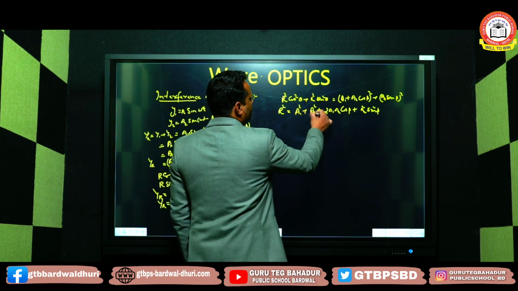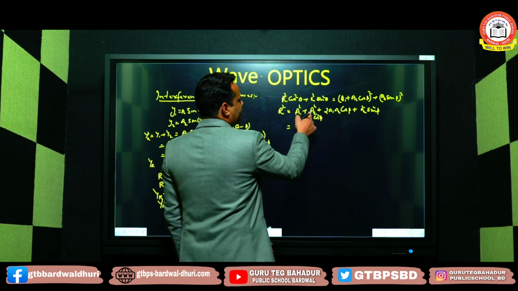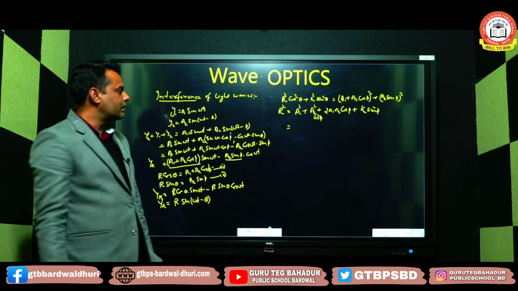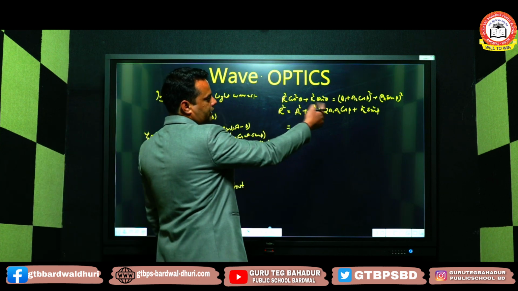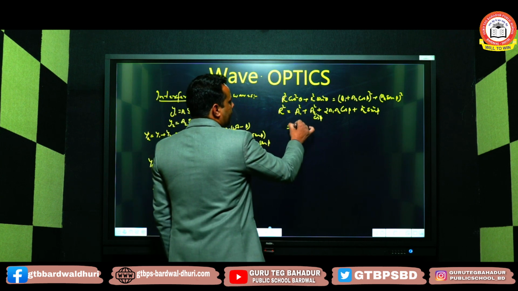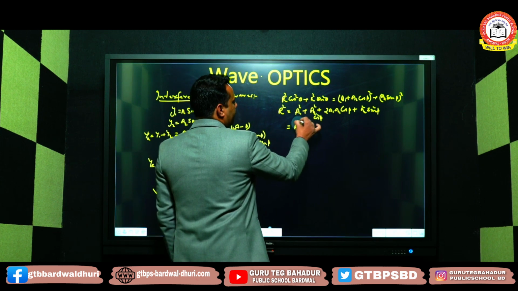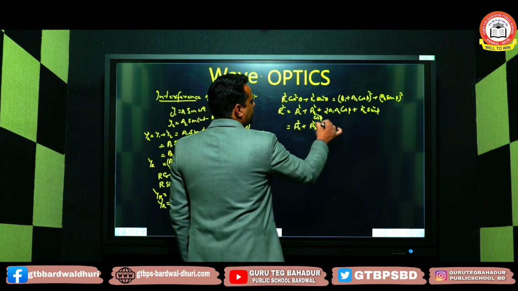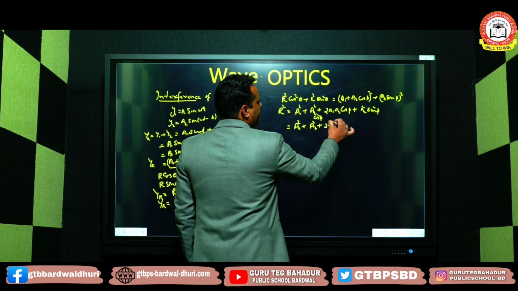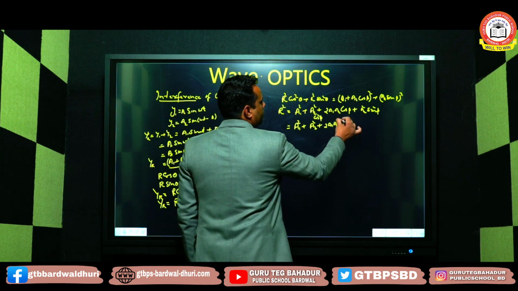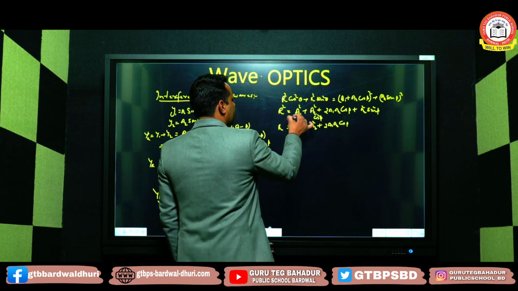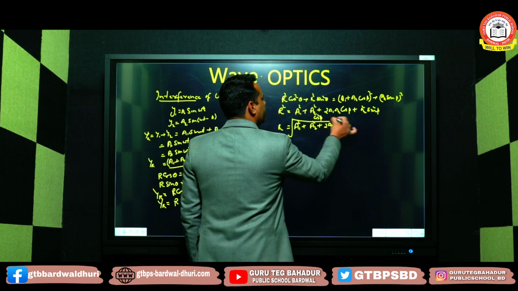Now from the second term and last term, a2 square can be taken out as a common factor, and the rest you will get cos square phi plus sin square phi, that will become 1, and you will get a1 square plus a2 square plus 2a1 a2 cos phi, and here r is under the root, since square becomes under root.